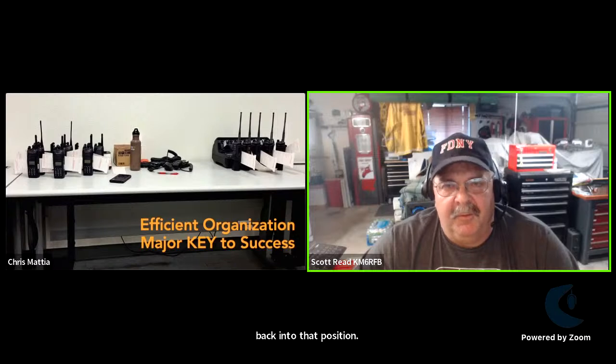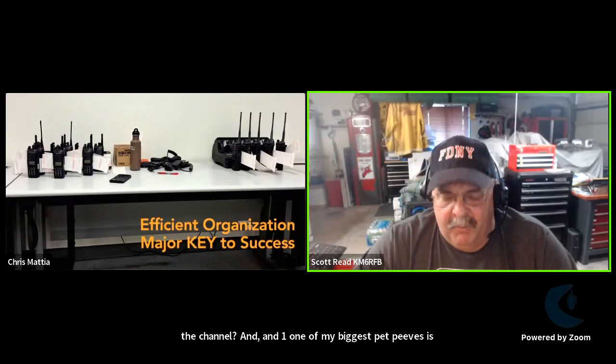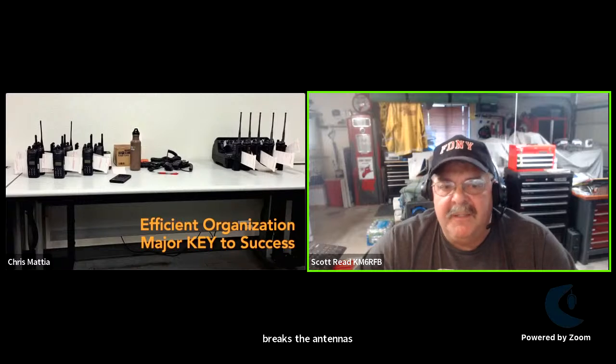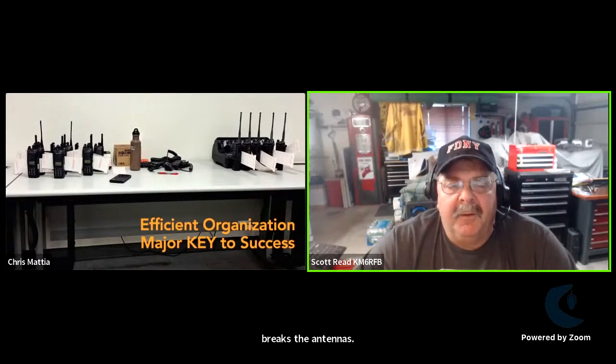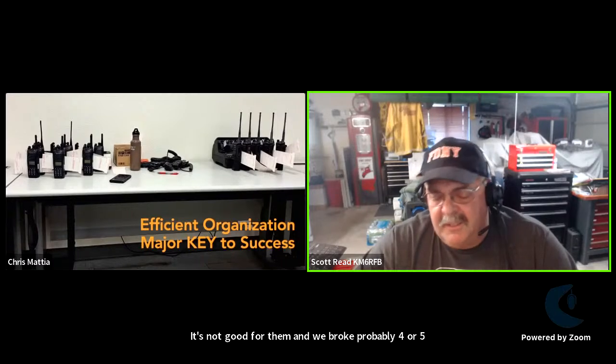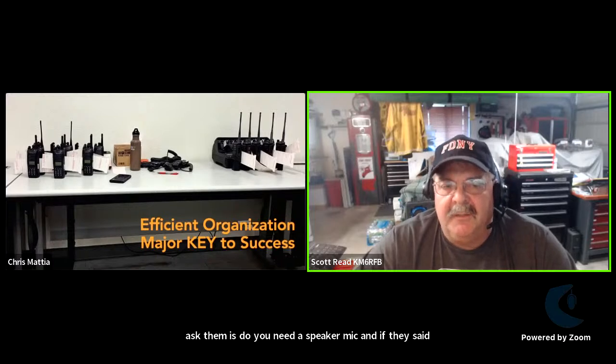And one of my biggest pet peeves is people love to grab the antennas as a handle, and it breaks the antennas. It's not good for them, and we broke probably 4 or 5 antennas out there. And then the other question I would ask them is, do you need a speaker mic? And if they said yes, I would put it on their T card as a piece of equipment they checked out.